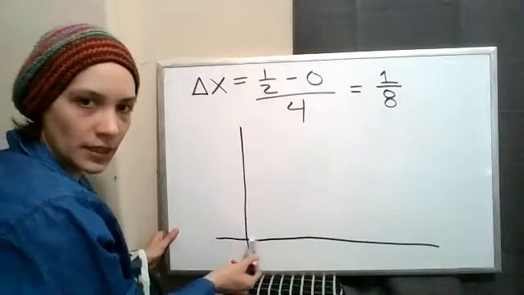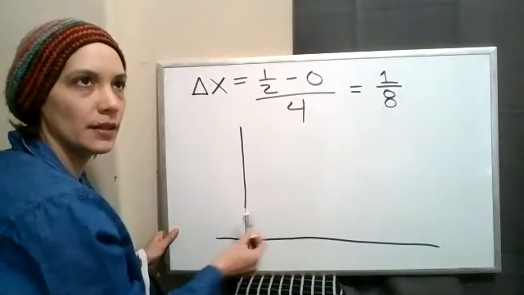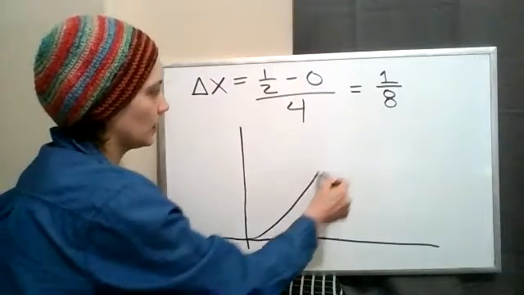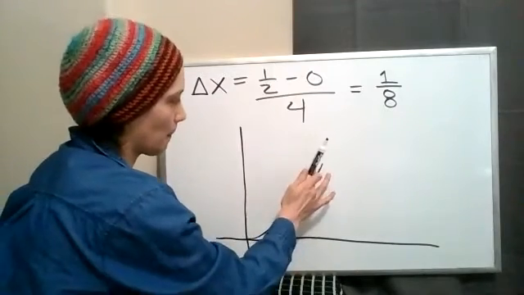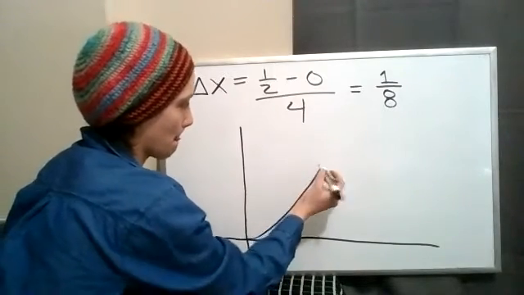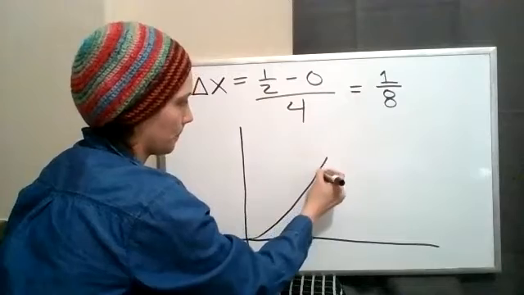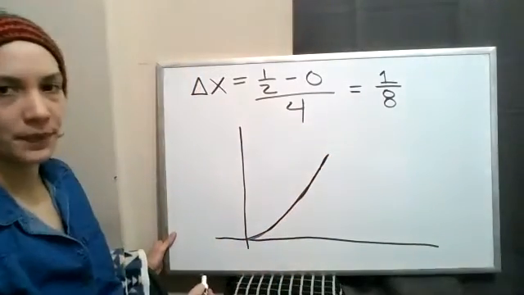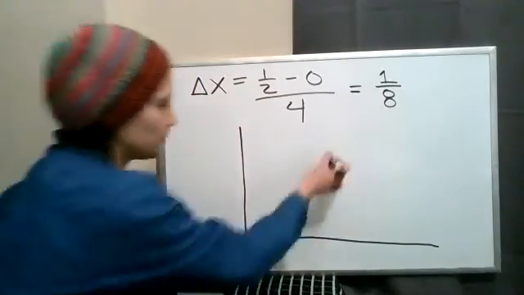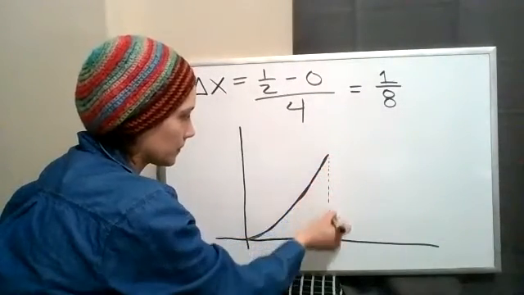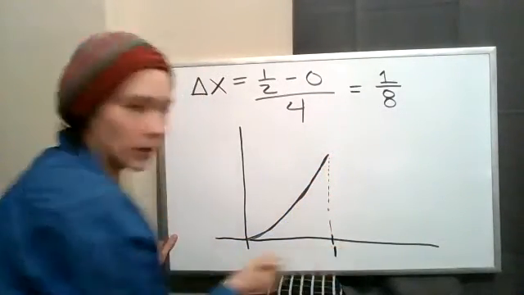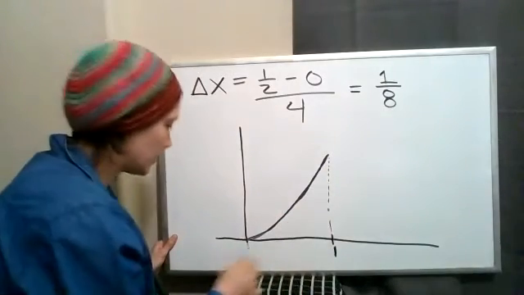From the origin, swoop up, something like that. So going from 0 to 1/2.